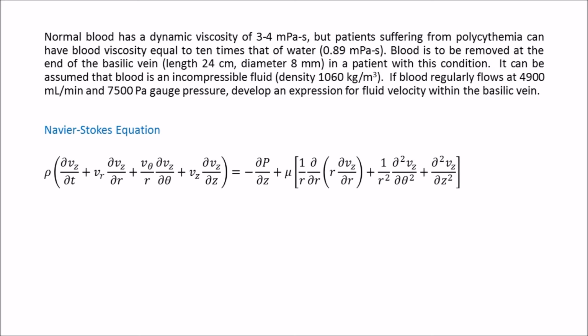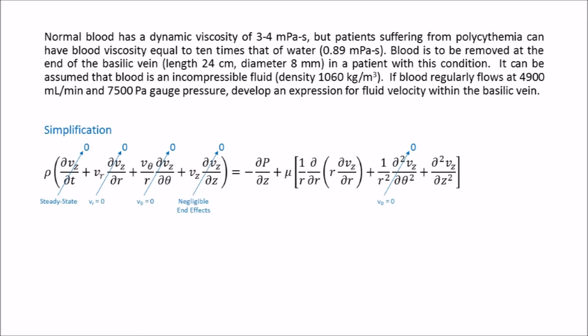Again, we are looking at velocity only in the z direction, so we have only one equation to simplify. From the steady state assumption, we know that the time derivative is equal to 0. We also assumed that Vr and v theta are both equal to 0. Because v theta is 0, there is no variation of the z velocity with respect to theta.